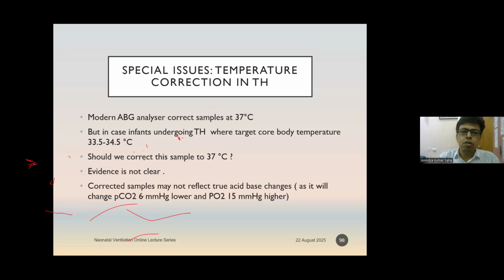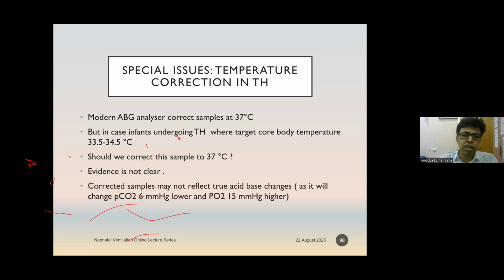In the machine, by default it automatically estimates everything calculating the temperature as 37 degrees. But in situations where the neonate is having therapeutic hypothermia, where the blood sample is at a temperature of 33.5 to 34.5 degrees centigrade, should we correct this sample to 37 degrees?